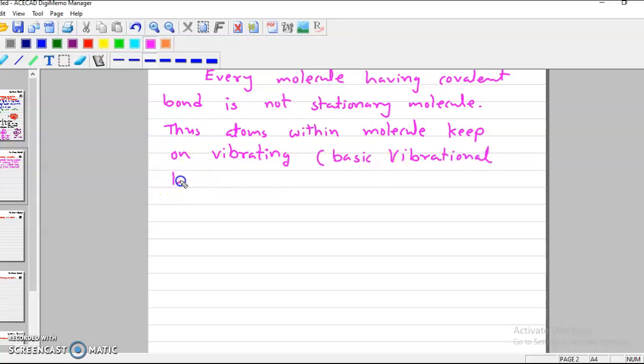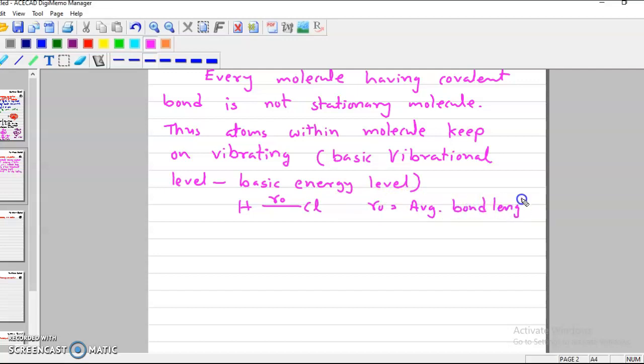Every molecule has different basic vibrational level, different basic energy, so it is also called basic energy level. And we assume that molecule is stable, but within molecule atoms are not stable. As hydrogen and chlorine at R0, and let us consider this as average distance. R0 is known as average bond length. And you know how to find out average bond length.